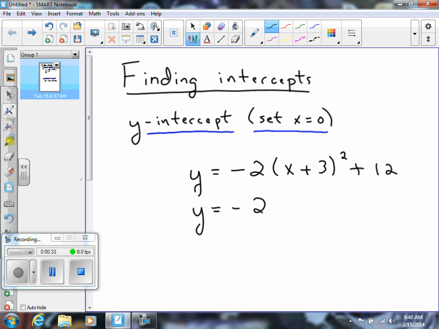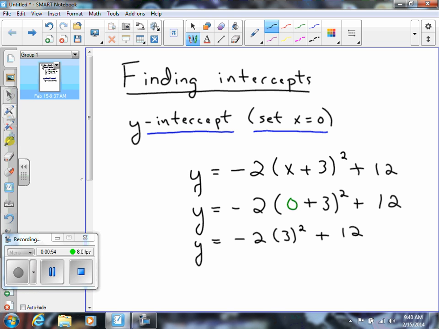So I rewrite my graph. I replace that x with 0. And basically it becomes an order of operations, or BEDMAS, question. We do what's in the brackets first. 3 plus 0 is 3.